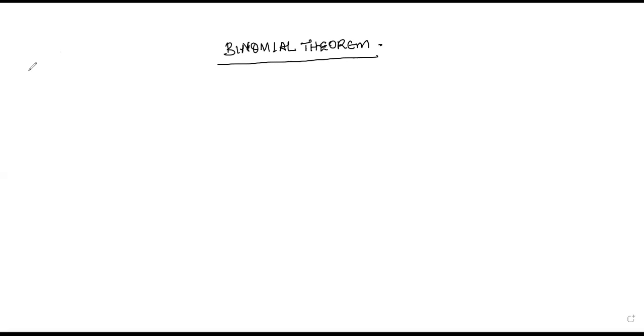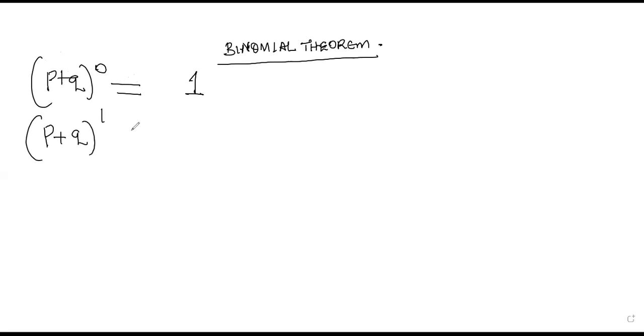Now, I know you might be familiar with some of the items. For example, any number to the power 0, for example p plus q to the power 0, is the same as 1. If I have p plus q to the power 1, it remains that number, so it will be p plus q, which one can write as 1p plus 1q.